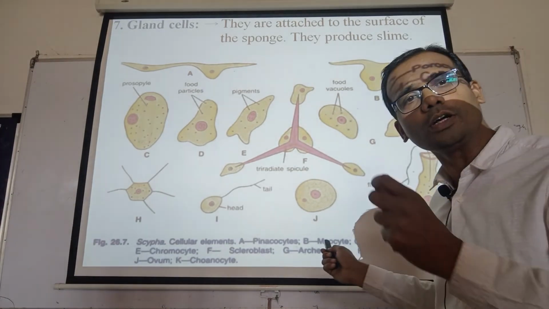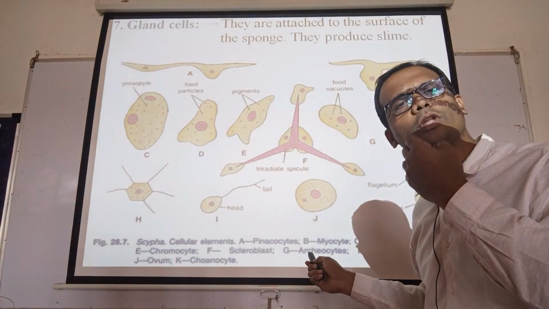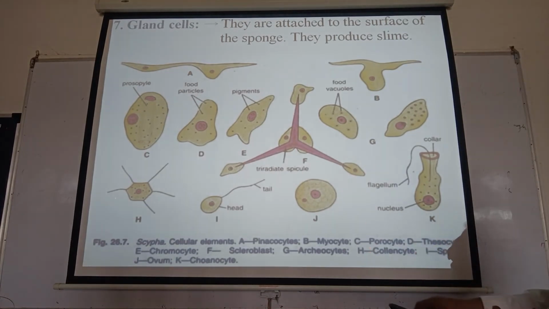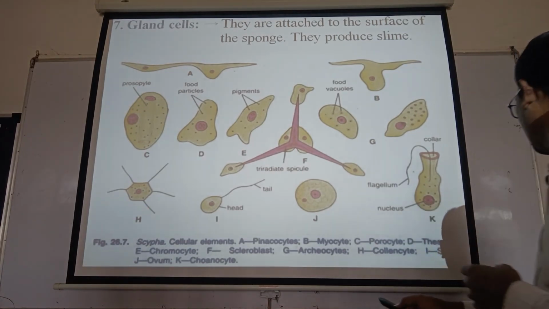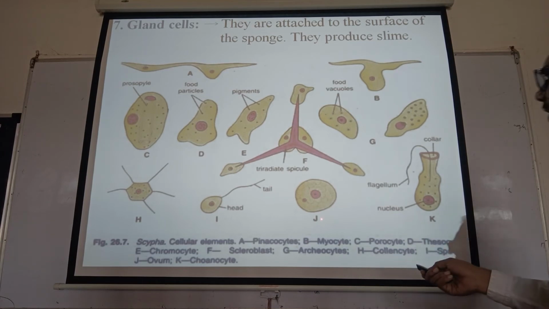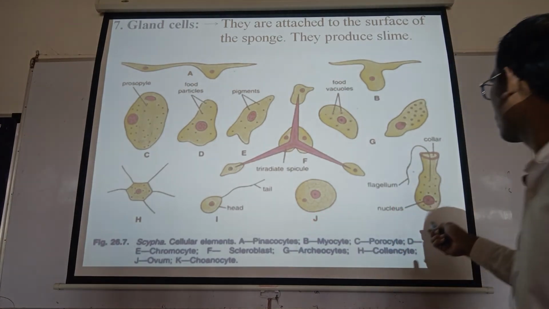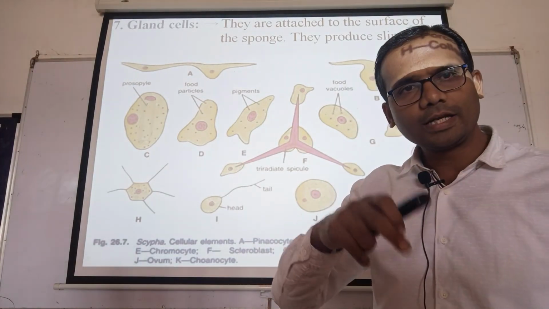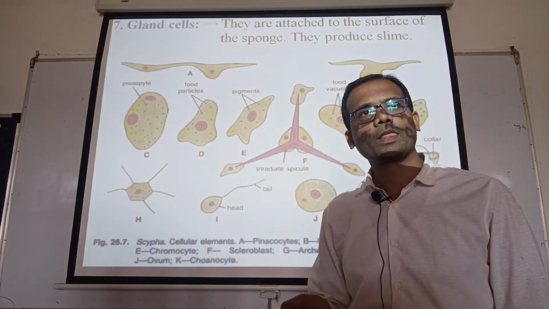Archaeocyte cells are totipotent cells; they can develop into any type of cell. Collencyte cells form the network. And this is the choanocyte cells, which are present in the inner layer.